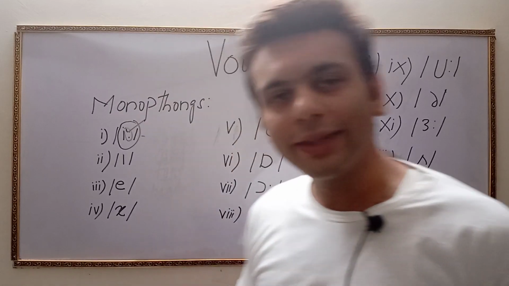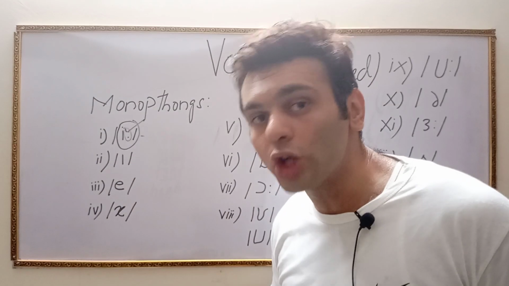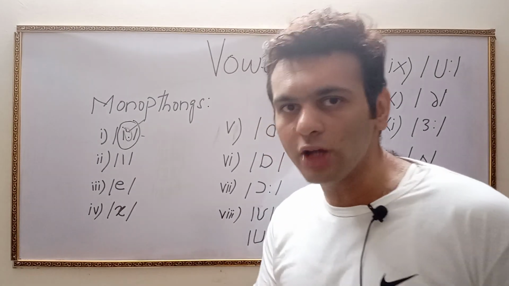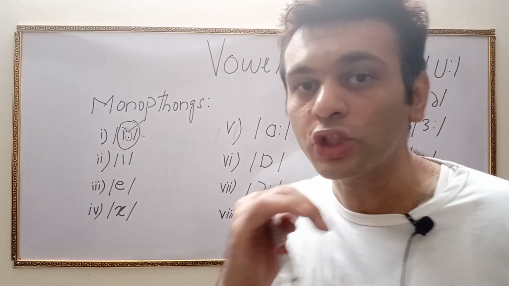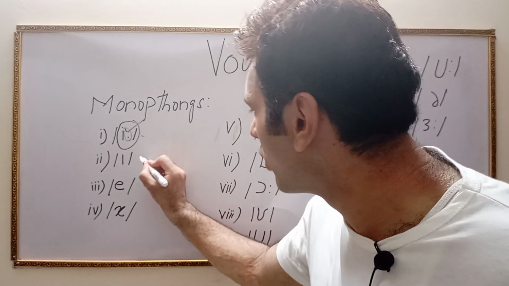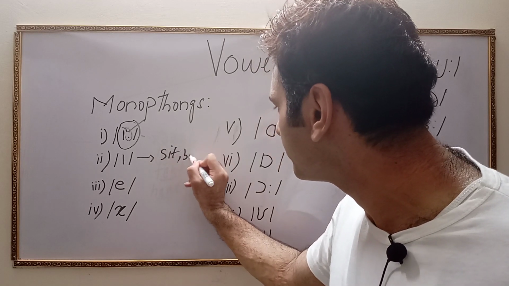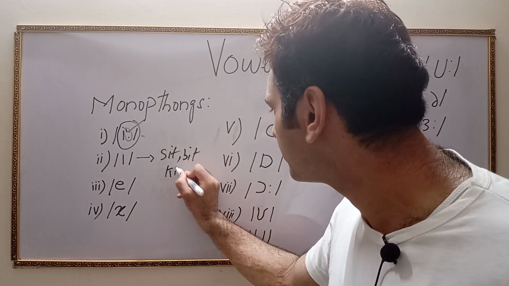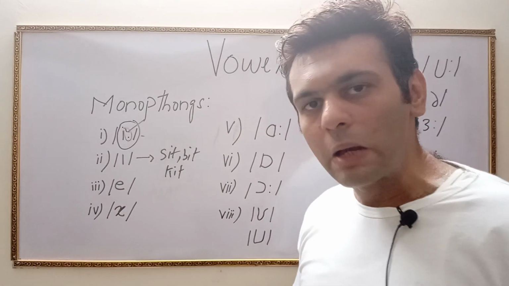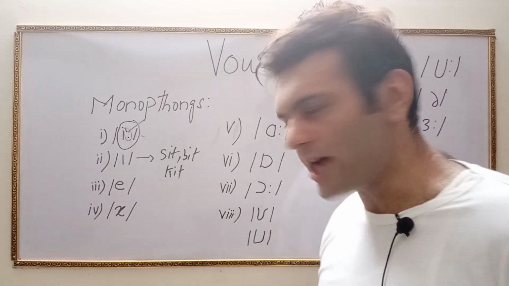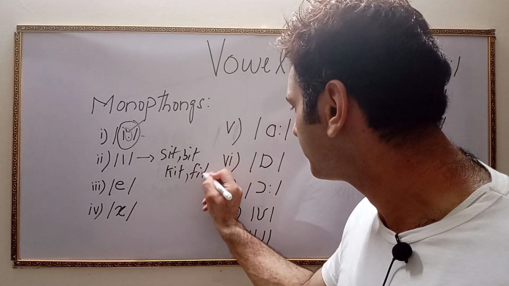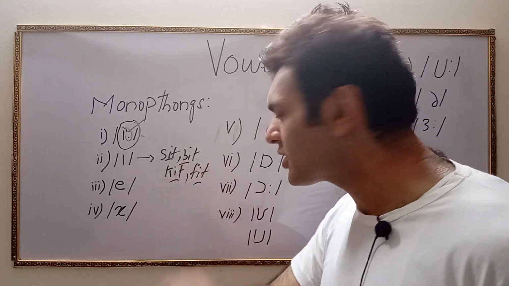The next vowel that we have is the short vowel. Why short vowel? Because there is not a greater stress on it, in words like sit, bit, kit, fit. Just look at these sounds.